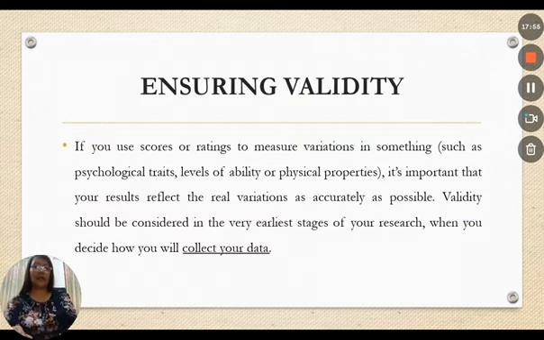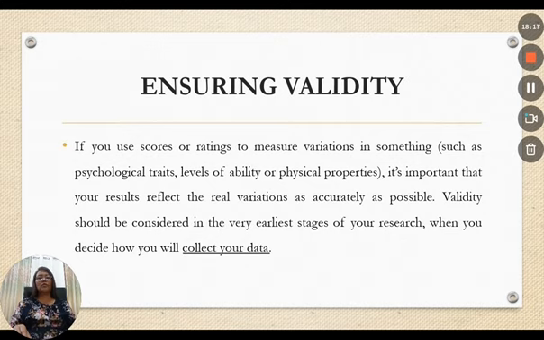Ensuring validity. If you use scores or ratings to measure variation in something, such as psychological traits, levels of ability, or physical properties, it's important that your results reflect the real variation as accurately as possible.